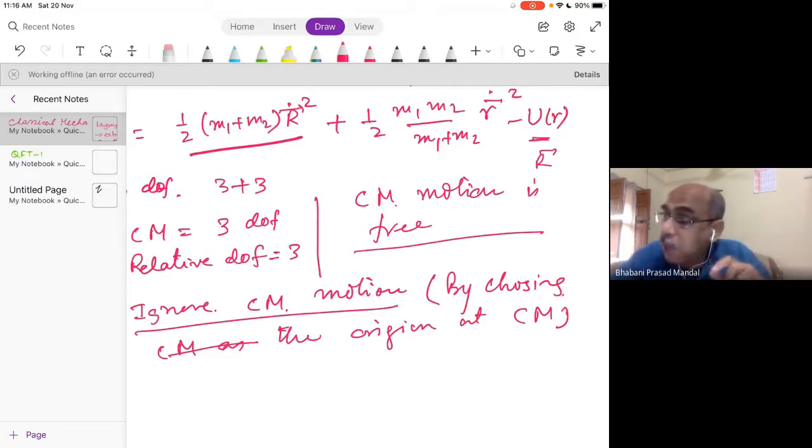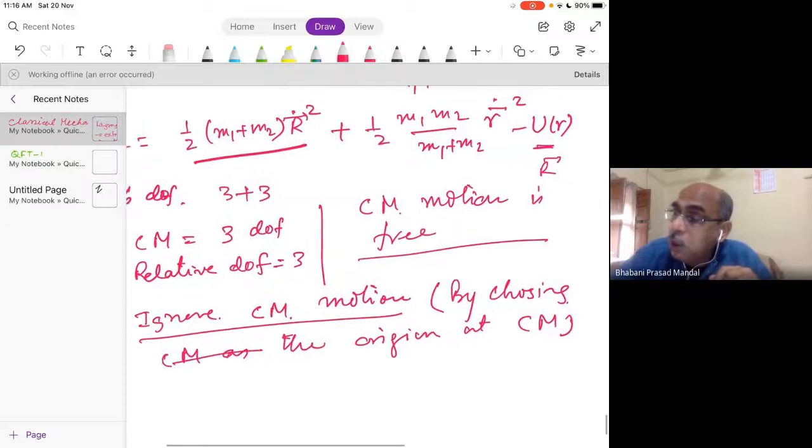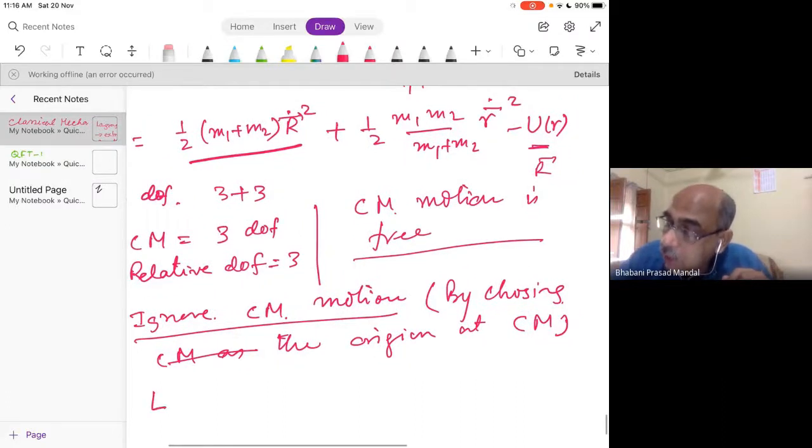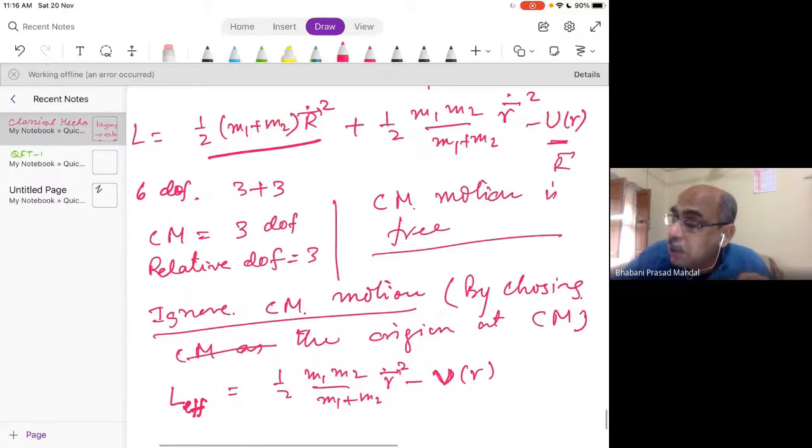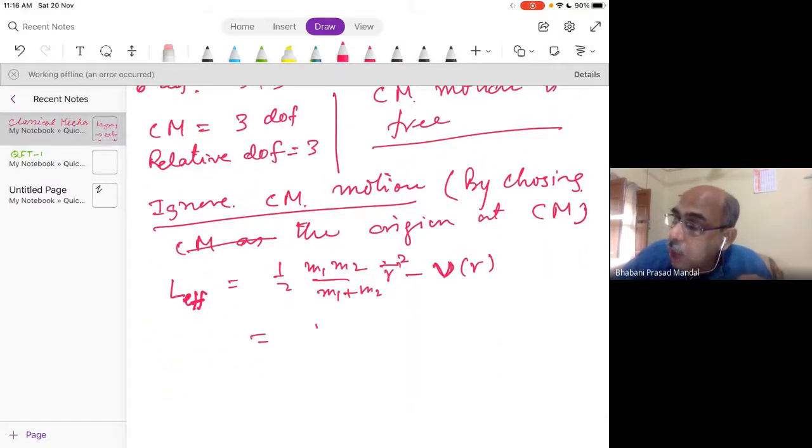Okay, so you are moving and then you are looking at the motion of particle 1 and particle 2 through the relative coordinate. Okay, so this Lagrangian effectively reduces to an effective Lagrangian which has half (m1 m2 over m1 plus m2) r vector dot square minus U(r). So this I can write as half mu r dot square minus U(r).